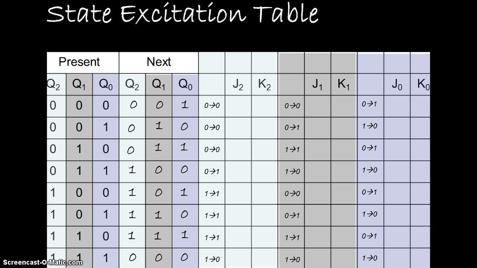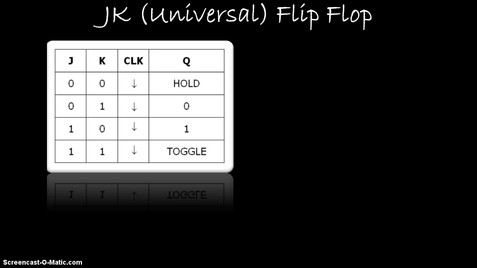Now before we can complete the rest of the table, we have to take a closer look at the JK flip-flop. The truth table for the JK flip-flop reminds us that the output holds when both J and K are low, resets when J is low and K is high, sets when J is high and K is low, and toggles when both are high. Now if we think about the transition from present state 0 to next state 0, it can occur in one of 2 situations.